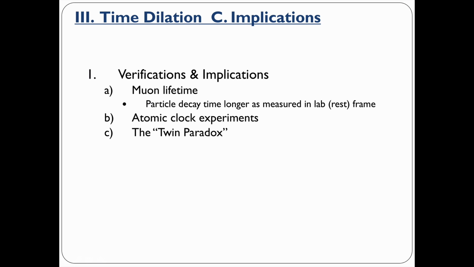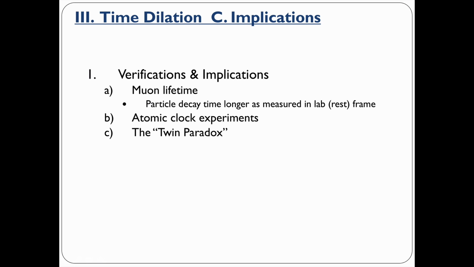And so from the muon's perspective, it has less to go before it decays. From our perspective, it has more time to go before it decays. In both cases, we can reconcile those differences and the fact that we actually measure muons at the surface of the Earth. But for now, we're talking about time dilation.